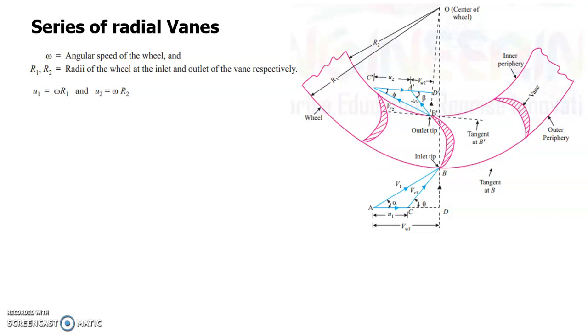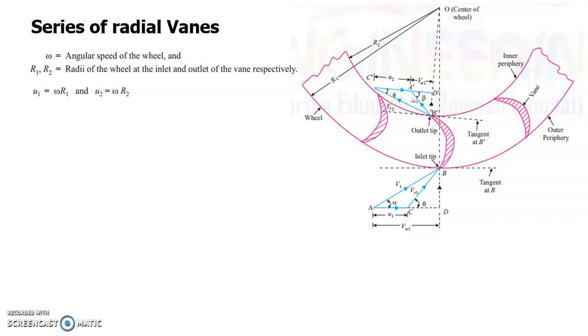If you remember, in the case of a single radial vane, U1, U2 and U were one and the same. Now, U1 is not equal to U2 just for the fact that there are two radii, and the way with which the vane behaves at inlet and outlet are completely different owing to the variation of radii.